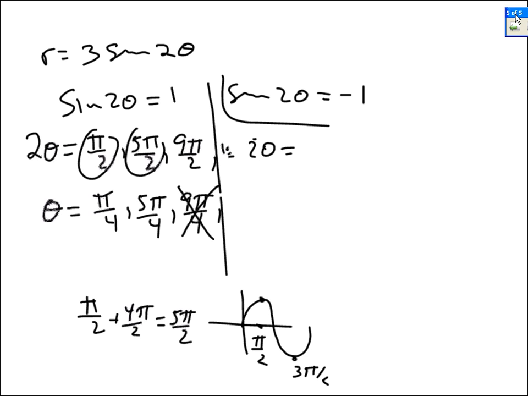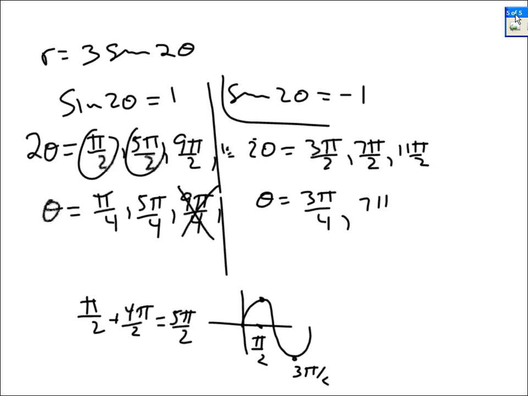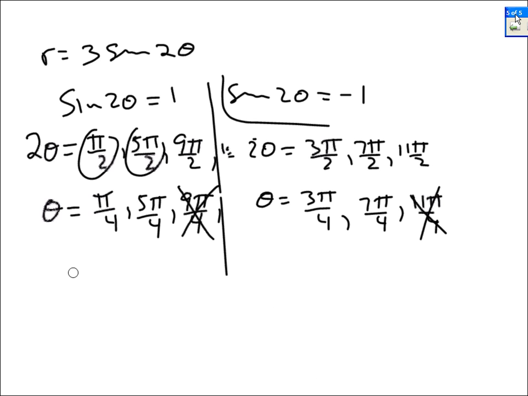So 2 theta can be 3 pi over 2, 7 pi over 2, 11 pi over 2. But that's going to be too much. Divide by 2, you get 3 pi over 4, 7 pi over 4, 11 pi over 4. 4 goes into 11 more than 2 times. So those are the 4 angles that we're going to deal with.